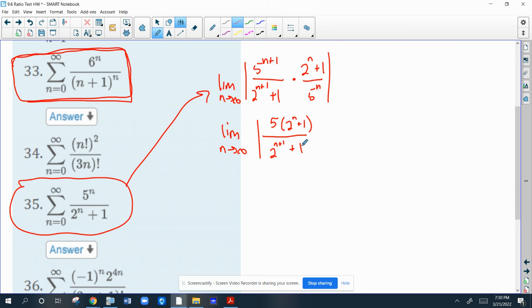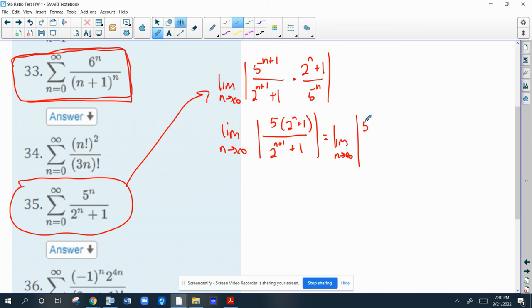What I'm going to do here is use the old strategy of dividing everything by 2 to the n plus 1. See what happens there. So on the top, I'm going to take this part and divide that.